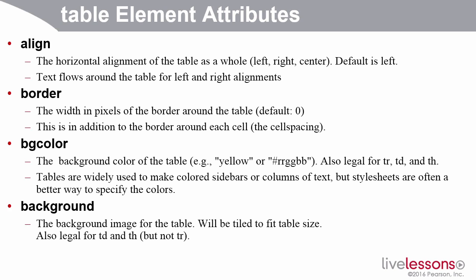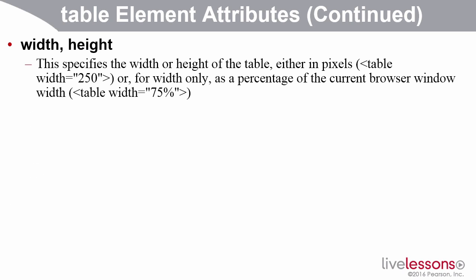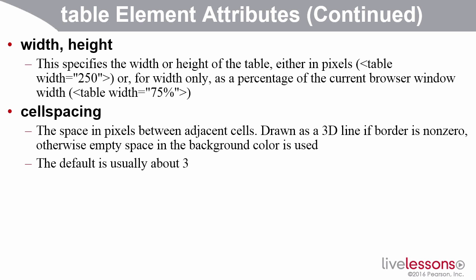You can also put background images for tables, and that's legal for TD and TH as well, but not for TR, only for individual cells. All right, more attributes, width and height. This is quite useful, especially when you want to have a fixed size that floats someplace. You can also give the width and the height in percentages rather than in pixels.